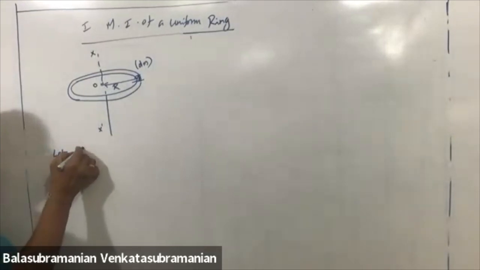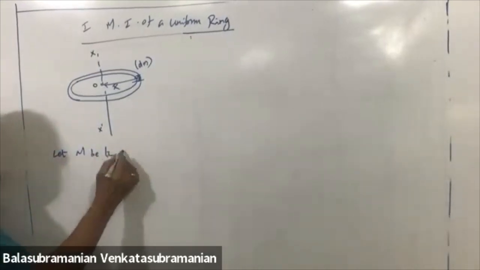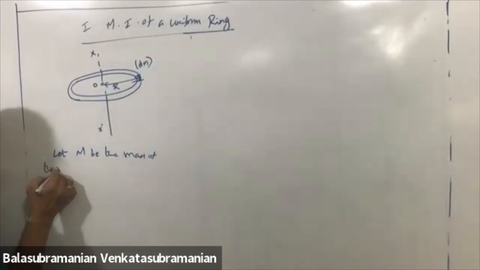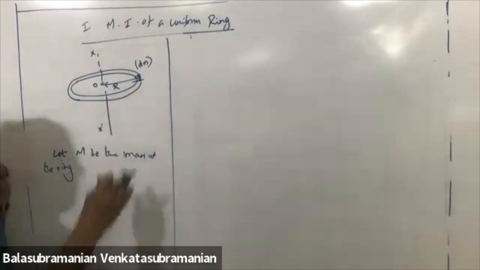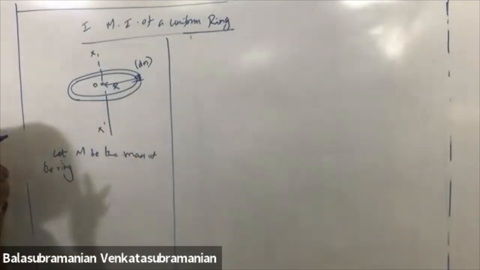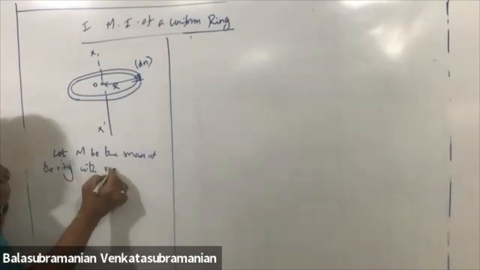So let M be the mass of the ring with radius r.